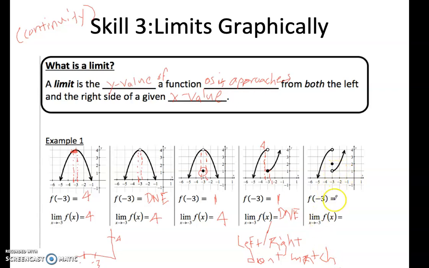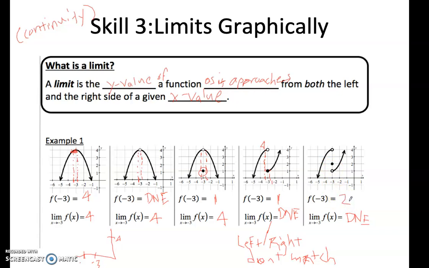We can see the same thing on this example here too. That would also be D and E, even though the solid dot right at -3 would be 2.